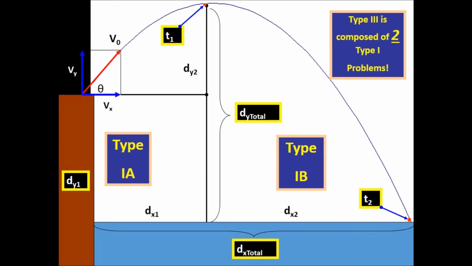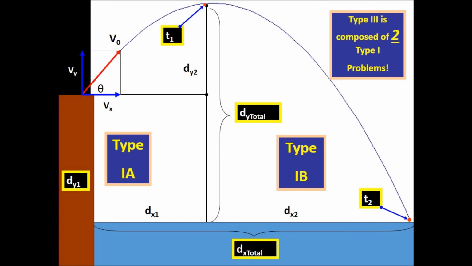T1 times Vx is going to equal dx1, and Vx times T2 is going to equal dx2. And then it's all elementary from there. Then you can determine dx total. You have dy total, and that pretty much finishes the analysis for a type 3 motion.